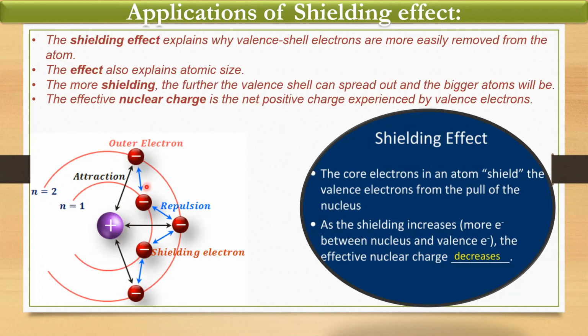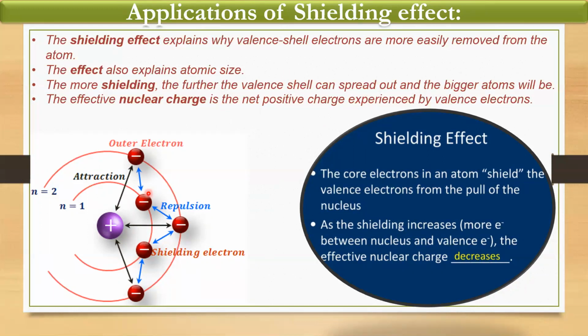Hence, the shielding effect explains why valence shell electrons are more easily removed from the atom, and the effect also explains atomic size. The more shielding, the further the valence shell can spread out and the bigger the atoms will be. The atomic size shrinks if there is a good force of attraction between the outermost shell electron and the nucleus.